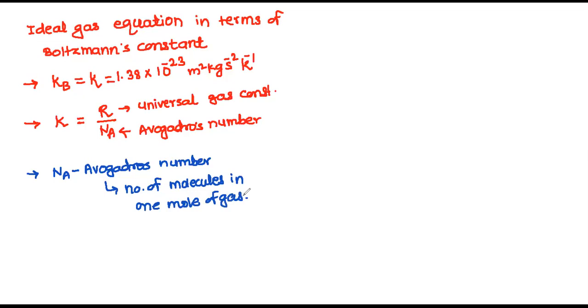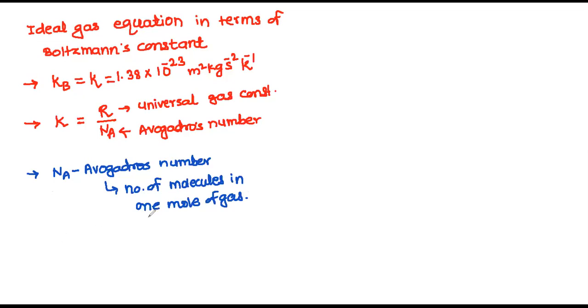For example, if we consider 1 gram or 1 mole of some flour, wheat flour or something, and if we count it, then that number is how much? The number of molecules in that 1 mole of gas is nothing but Avogadro's number, and it is constant for every gas.